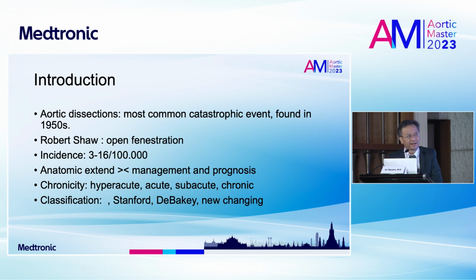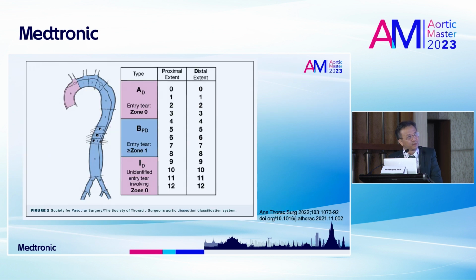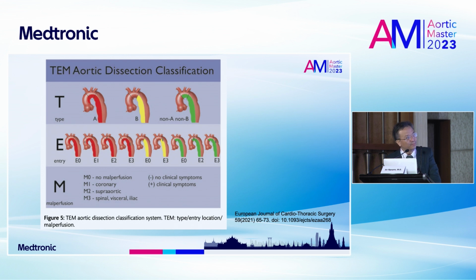For the classification, there have been some changes from the very classical Stanford and DeBakey. Now the American classification has 3 types: AD, BBD, and ID. From the European view, they choose another classification, TEM. I think it's very familiar to every surgeon here, so I can pass by.